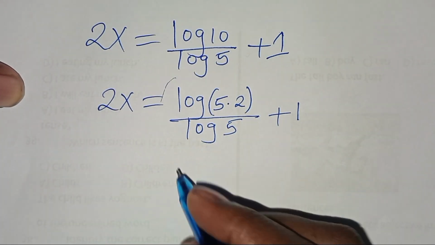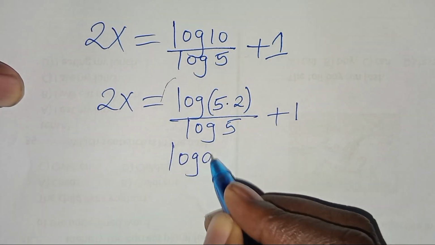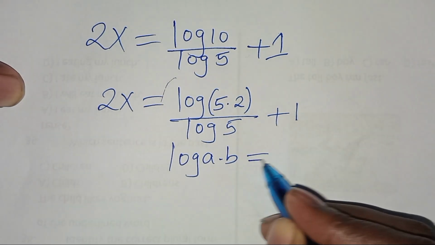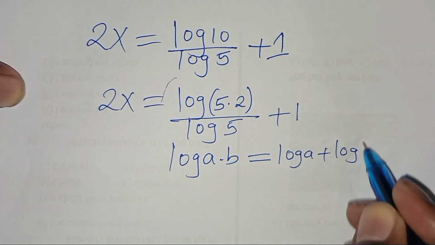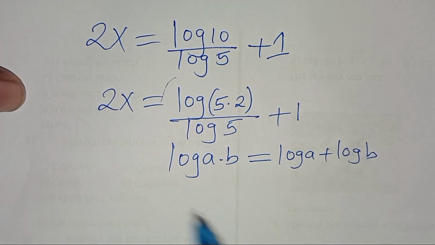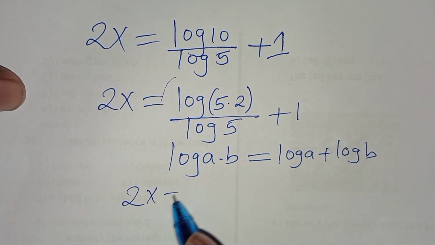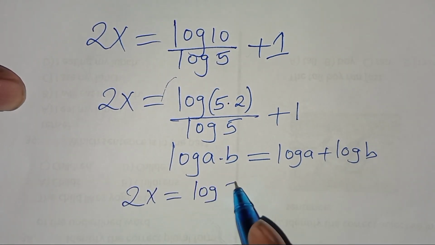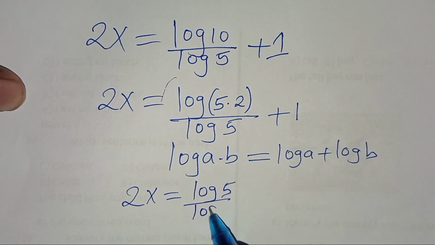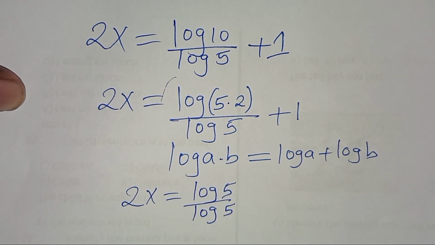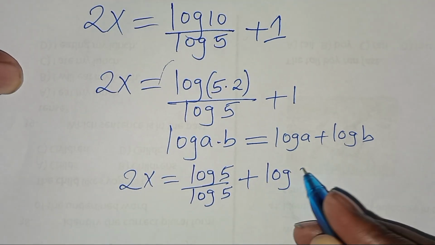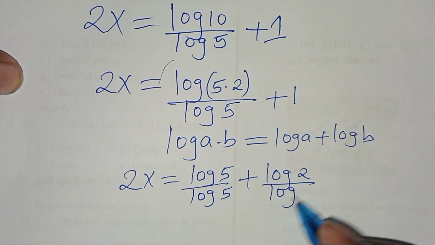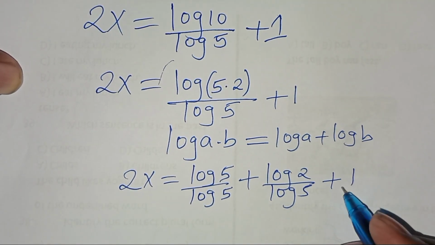Log 5 times 2 is in the form of log a multiplied by b, which you can express as log a plus log b. Applying this logarithm property, we'll have 2x equal to log 5 divided by log 5 plus log 2 divided by log 5 plus 1.